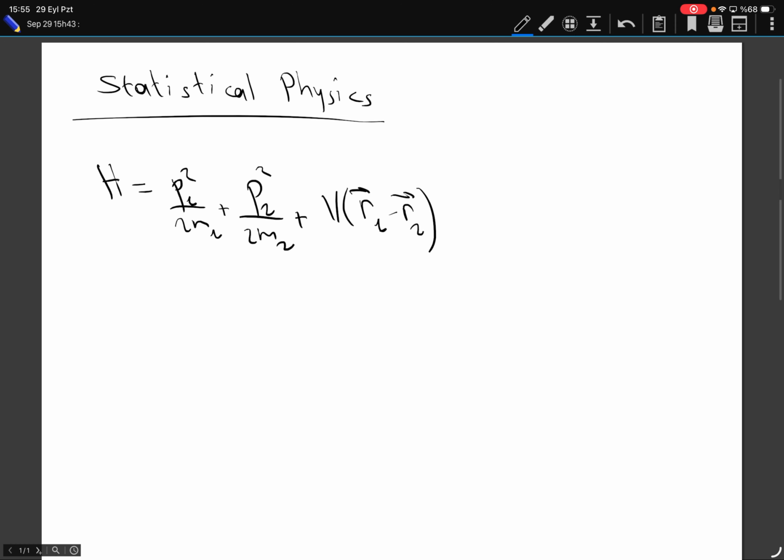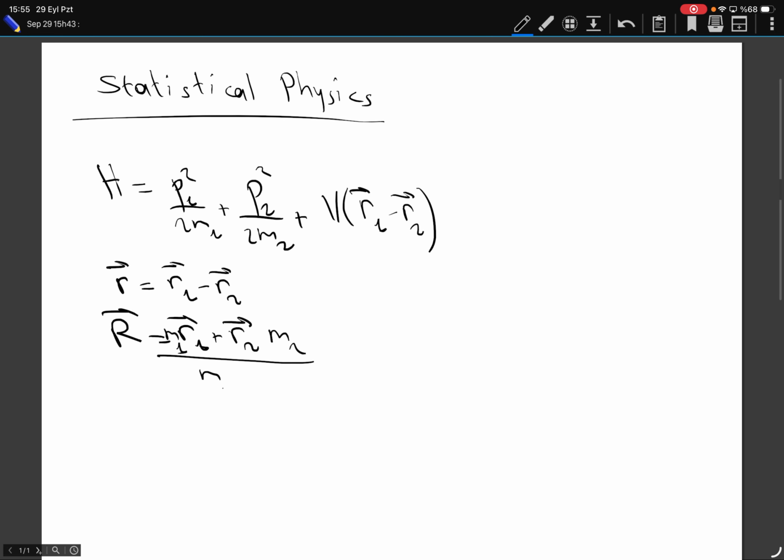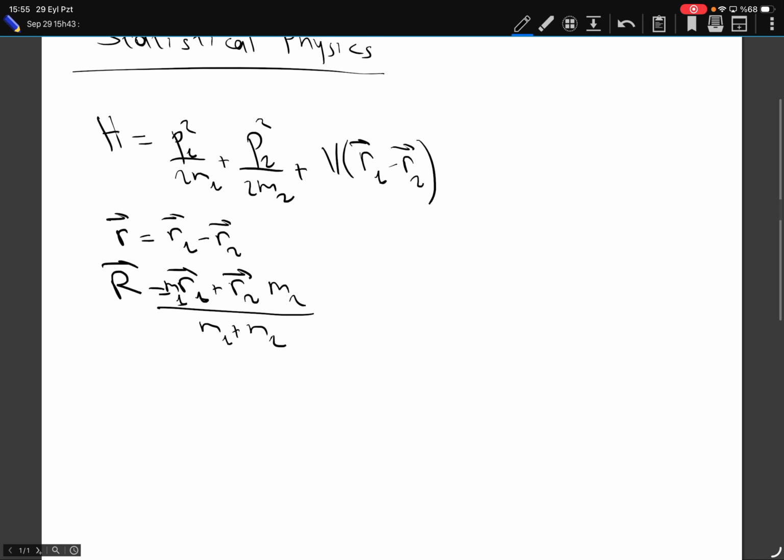Whether you are doing the quantum mechanics or classical mechanics of this system, it doesn't really make too much of a difference. Basically, you define the relative coordinate and the center of mass coordinate, and in terms of these new coordinates, your Hamiltonian just becomes the kinetic energy of the center of mass plus the kinetic energy of relative motion.